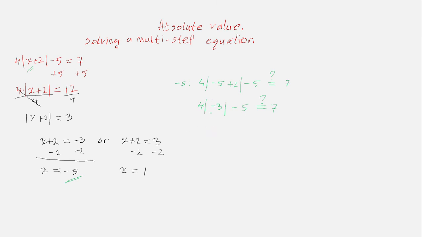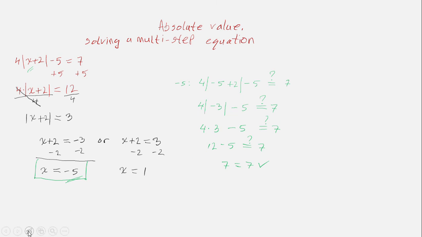So now absolute value of negative 3 is actually positive 3. So this is just 4 times 3, and we still have minus 5. And we are still checking if this is true. 4 times 3 is 12, minus 5, will that be equal to 7? Well, it is, right? Since this is true, that means that negative 5 actually is one of the answers.